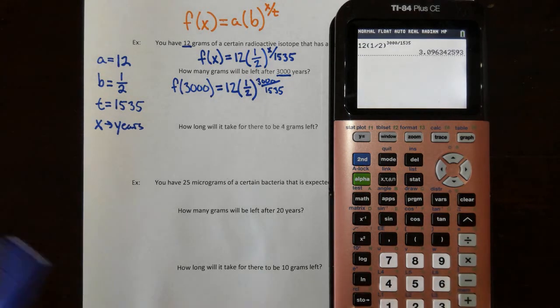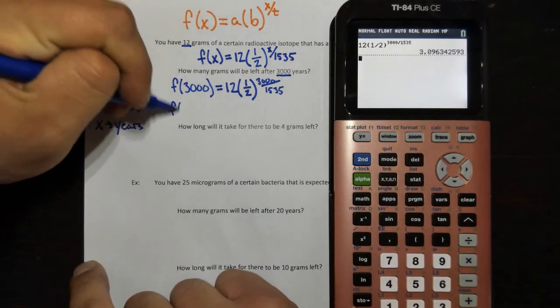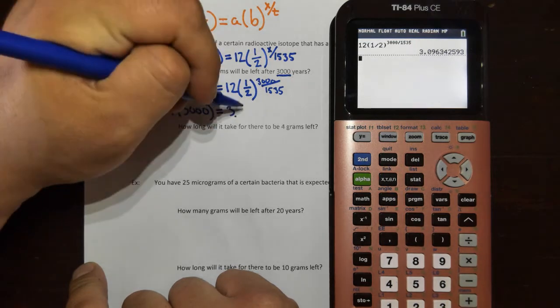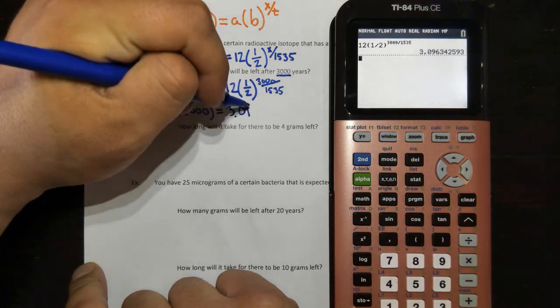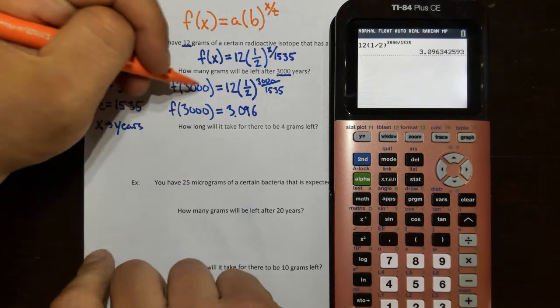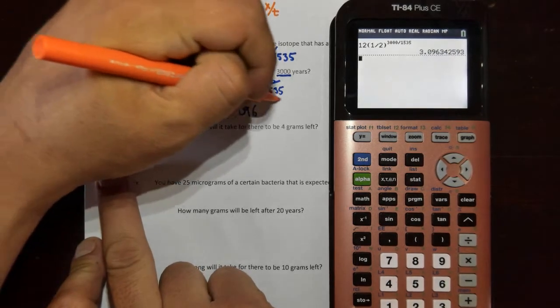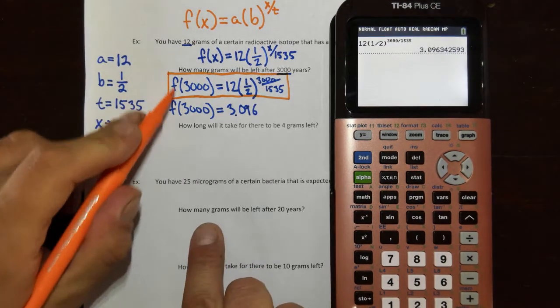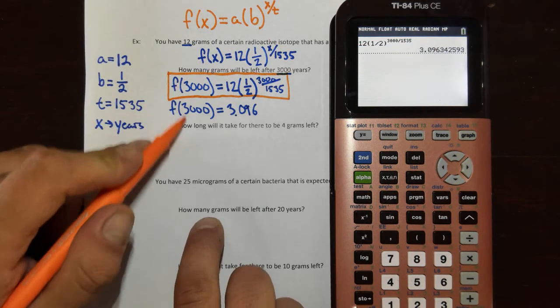And it turns out that f of 3,000 is roughly 3.096. But again, if you do not have a calculator at home, I would be fine if you left it just like this. Okay? So either one of these answers would be fine. They're saying the same thing.